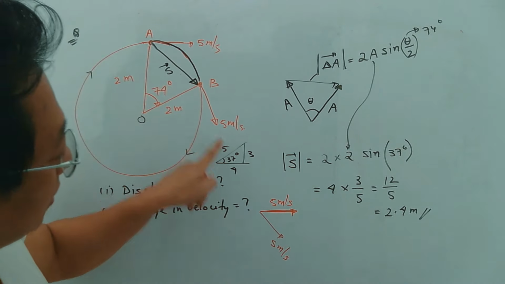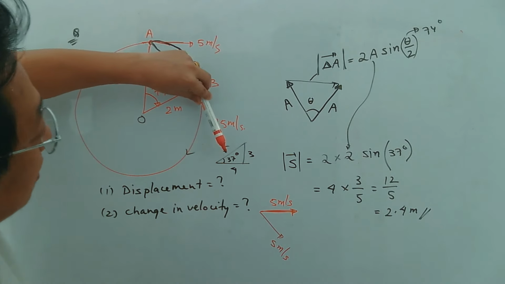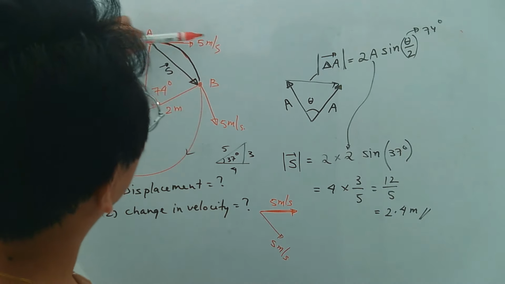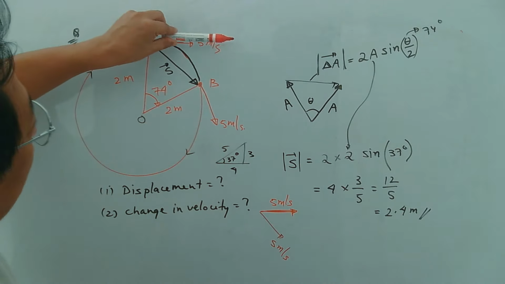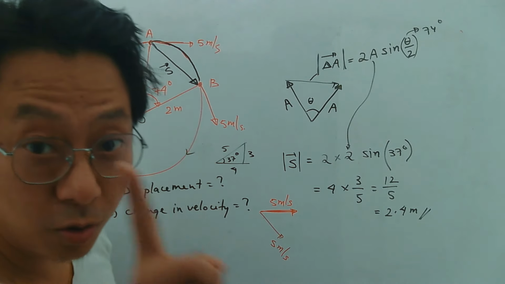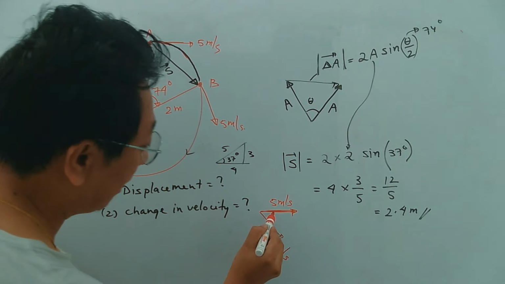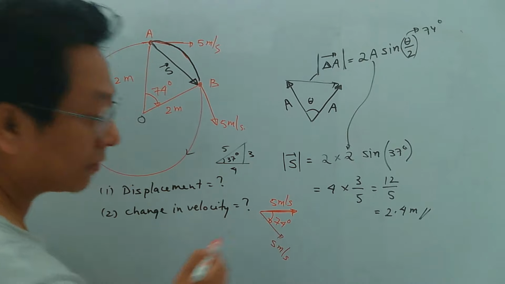The magnitude of this velocity is also 5. So remember, this was the velocity. Now this is the velocity. This was the initial velocity, you can think, and this is the final velocity. So can you see the velocity vector also turned? The length remains the same because this is uniform circular motion, so the magnitude will be the same. Now what is the angle turned? Well, that will also be the same, 74 degree, right?